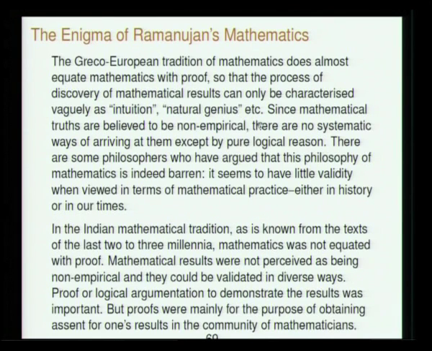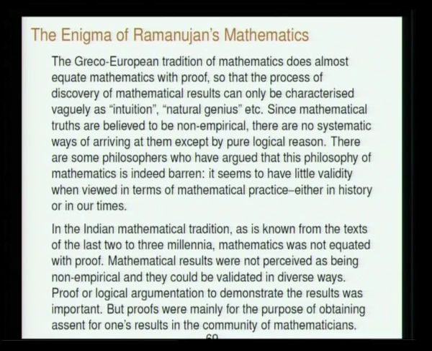So, what I was trying to say was that the Greco-European tradition of mathematics almost equates mathematics with proof, and the way mathematical results are discovered therefore is hardly understood. It is vaguely termed as intuition, natural genius, etc. And there is an understanding that mathematical results are non-empirical, and therefore there is no access to them except by rigorous logical argumentation.